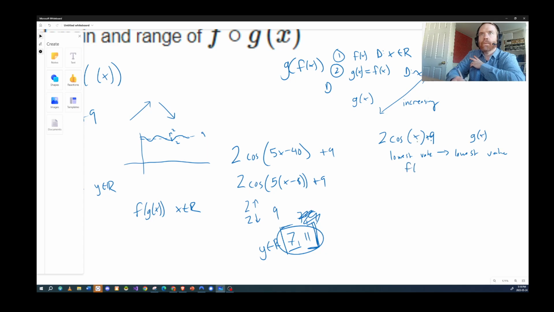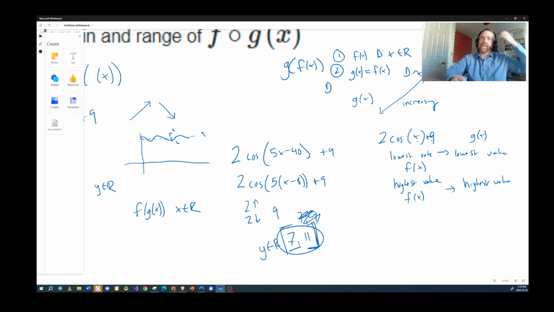Because the outside function is always rising, the lowest value from your inside function is going to be the lowest value on your outside function. It's unlike the decreasing one we did before where it was flipped. The highest value on f is going to become the highest value on g.